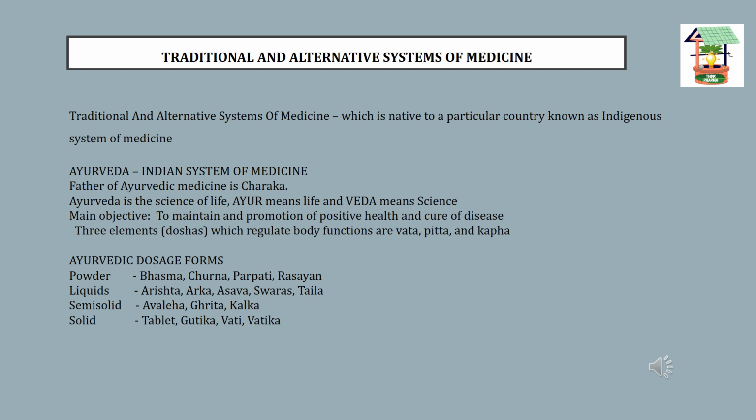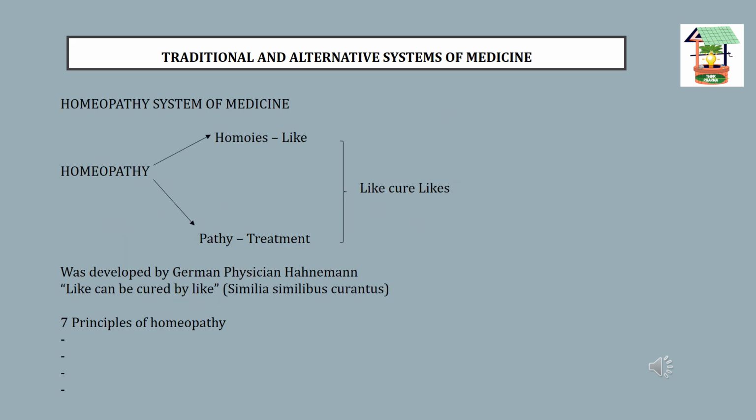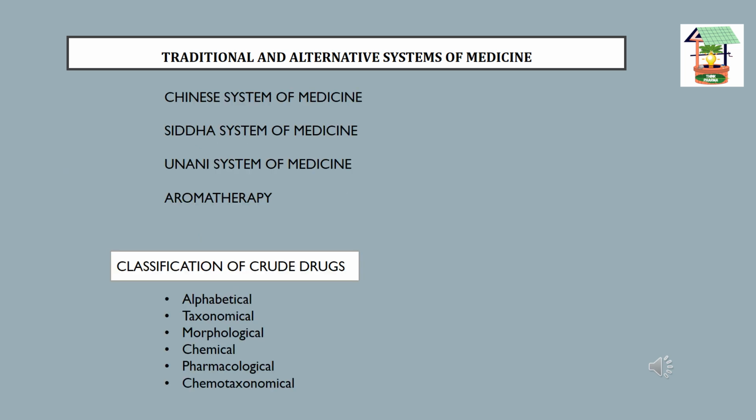We will cover all these things in Ayurveda. And then next, homeopathy. What is the homeopathy system of medicine, what is the definition, who developed it, what is the main principle; all these things we will cover in these traditional systems of medicine.